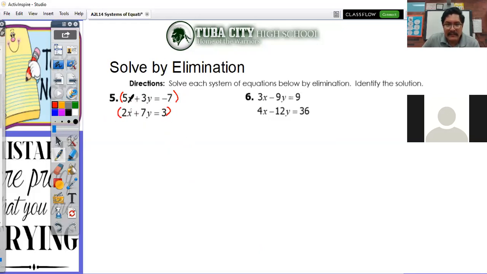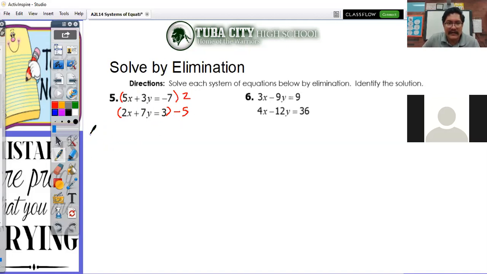So I'm thinking we can get this x here to be 10 or something like that. So I'm going to multiply the top one by 2, so that way we get 10x. And I'm going to multiply the bottom one by negative 5, so that I get negative 10x. So again, they have to be the same number, but opposite. And this looks like I'm going to have to rewrite both equations, which is going to take a while.